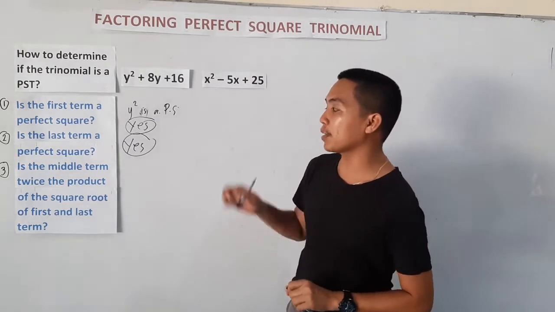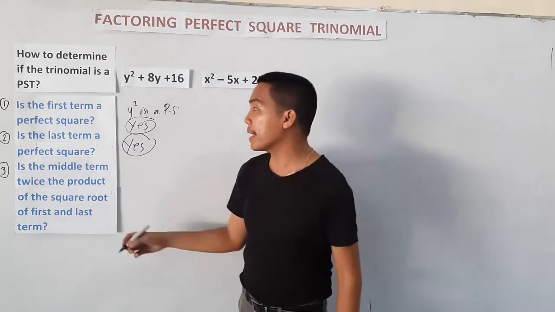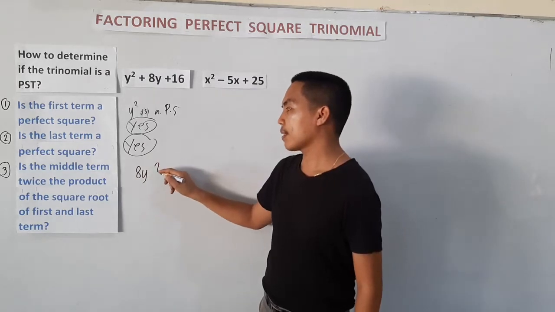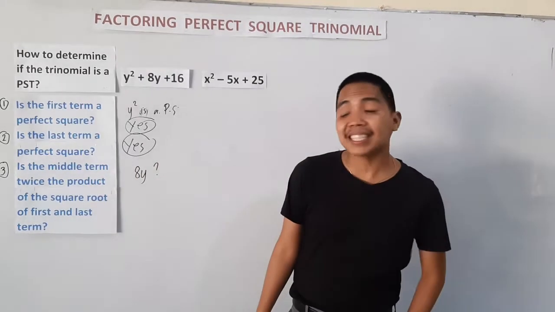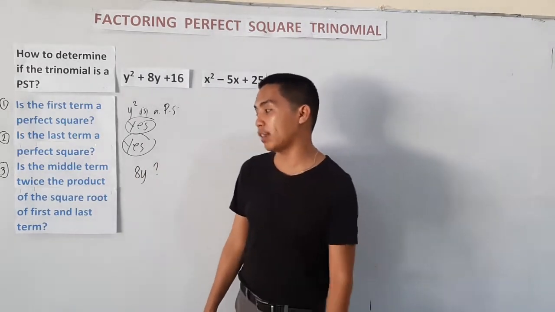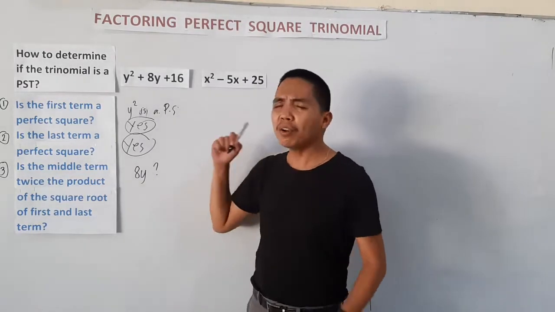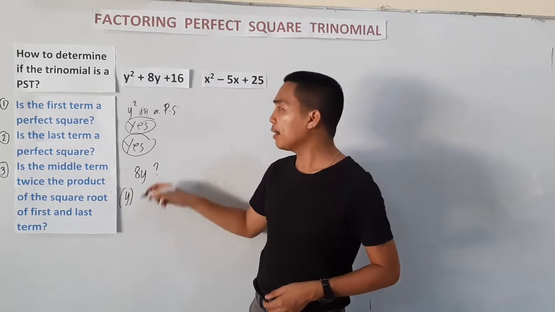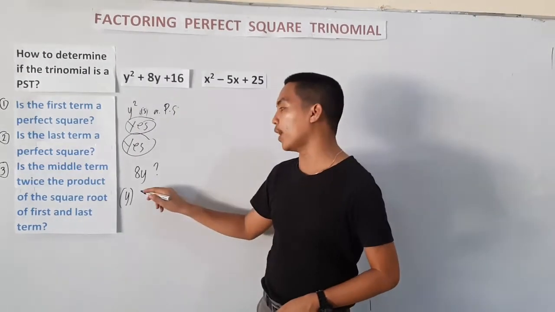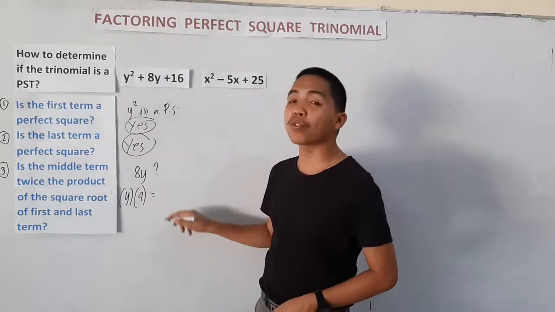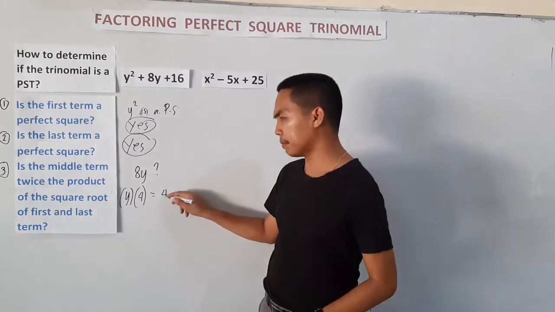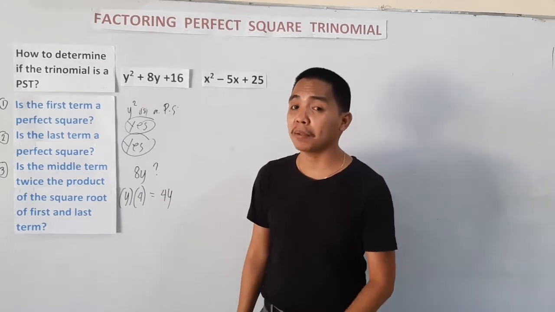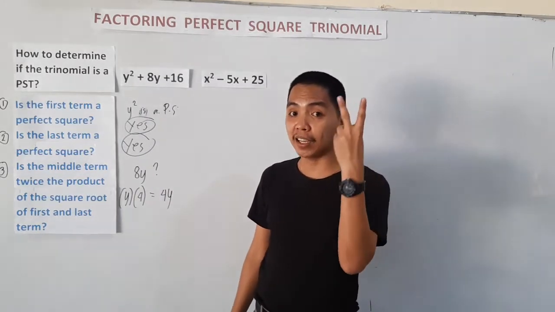How about the third? Is the middle term twice the product of the square root of the first and the last term? Ano yung square root ng first term? That's y. Ano square root ng last term? That's 4. Y times 4, 4y. Twice, i-times natin ng 2.